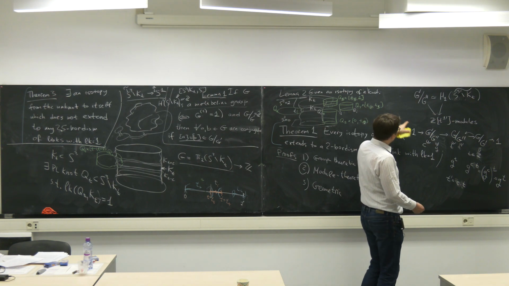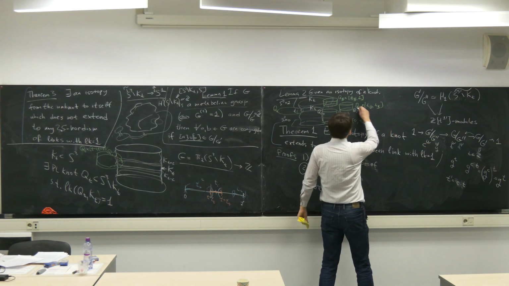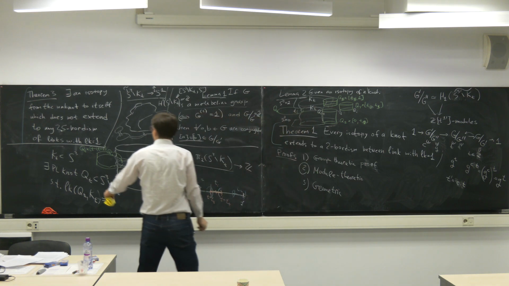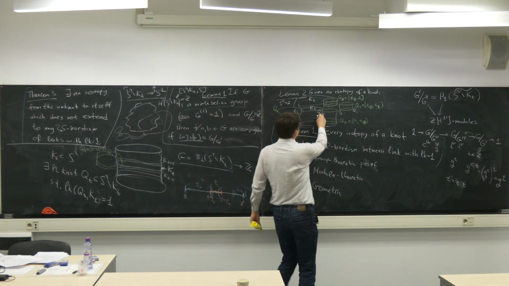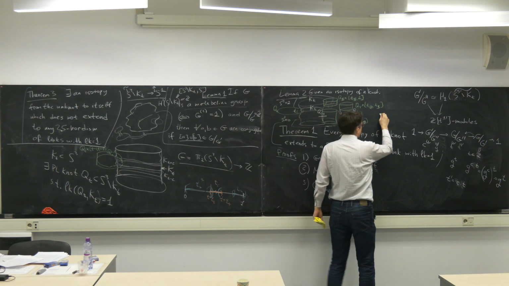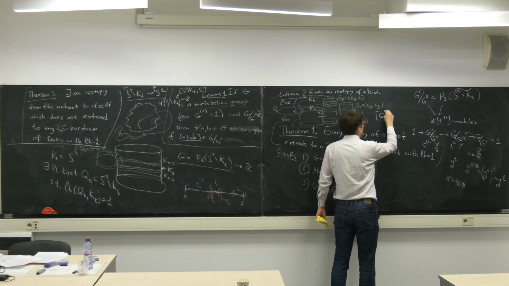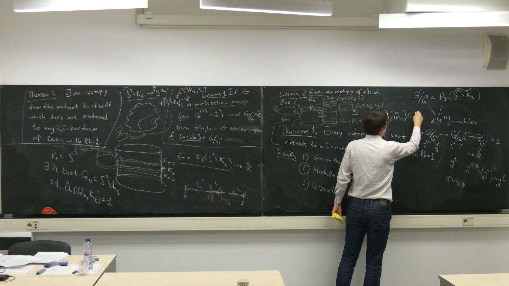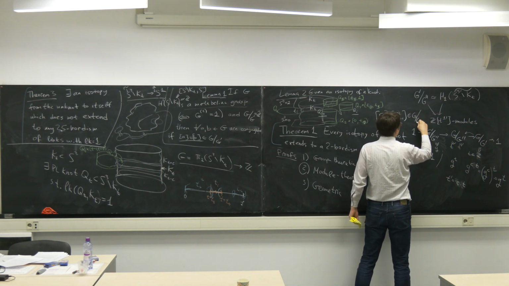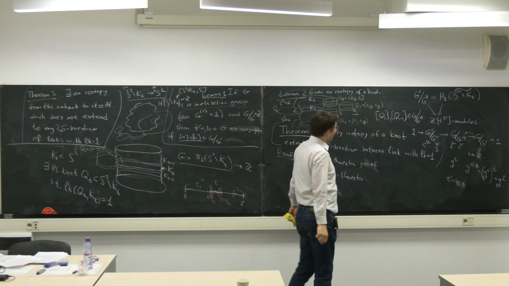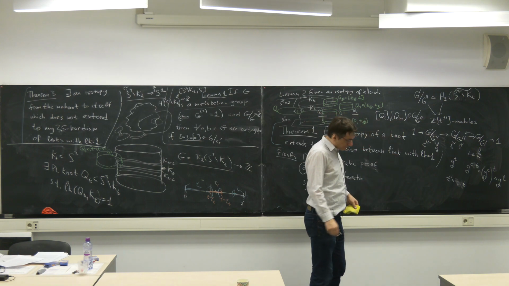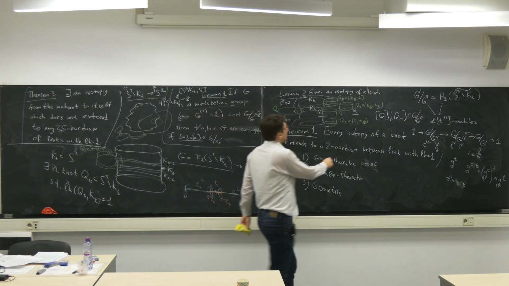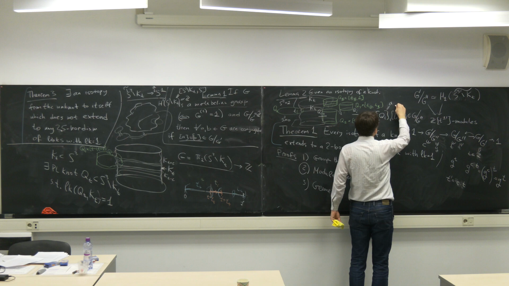We can look at their classes Qi and Qi minus 1 in G, and also in G modulo the second commutator subgroup. And we want to show that they are conjugate. Let us call them A and B.